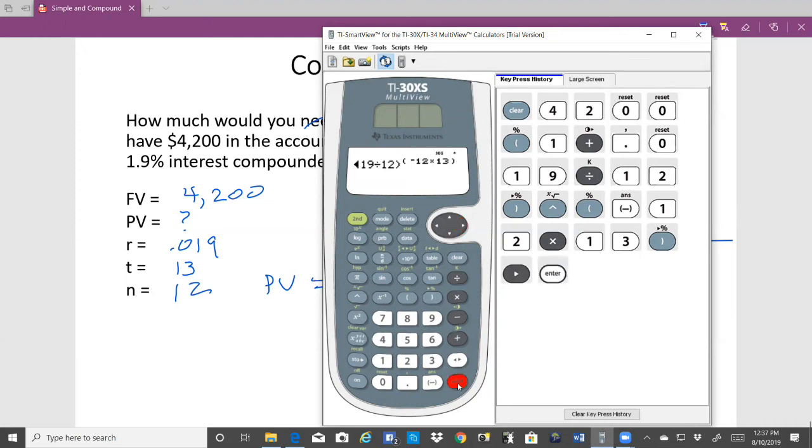I'm going to hit enter, and the amount is going to be $3,281.43, rounded to the nearest cent.